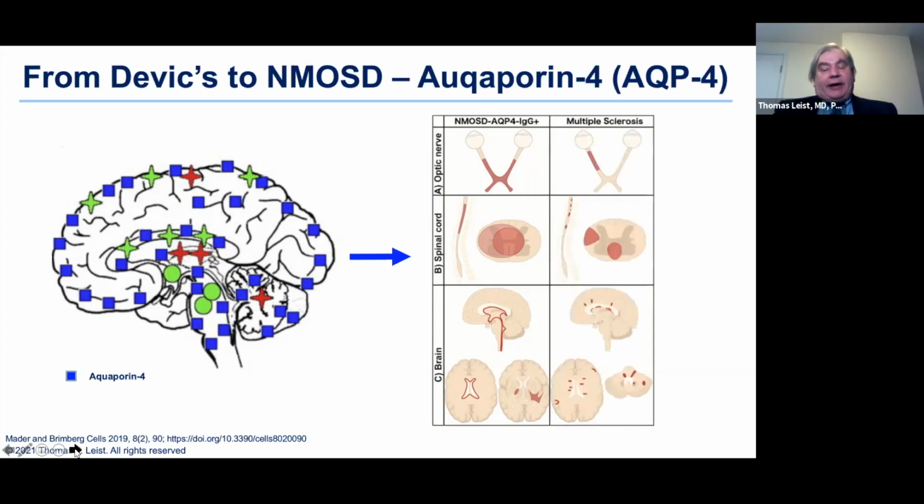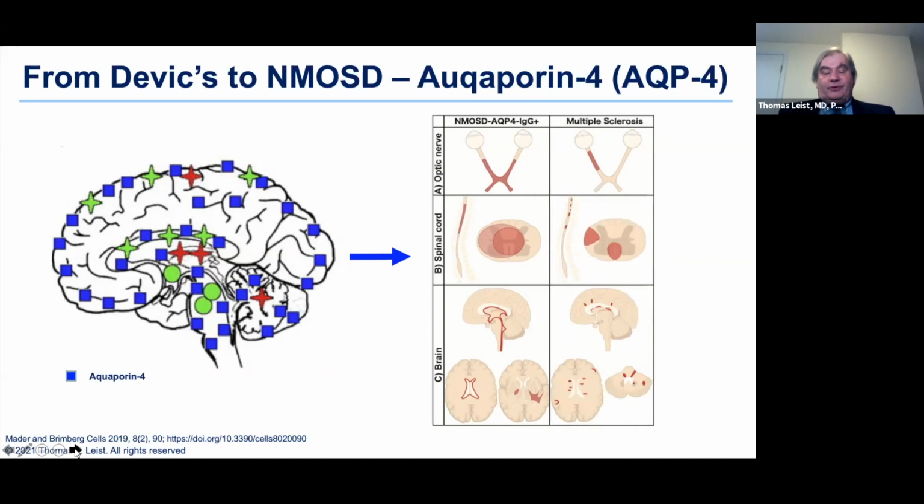And we then think about how does NMO differ from multiple sclerosis, the condition where it was for many, many years, for more than 100 years, looked at as being part of. And you see this over here in multiple sclerosis. Involvement, optic neuritis is often unilateral, and it is not bilateral as in NMOSD.